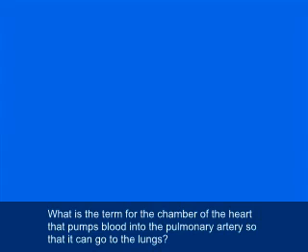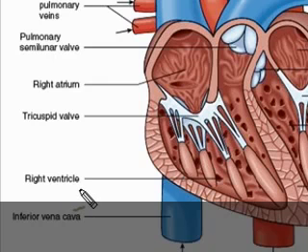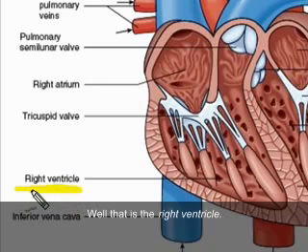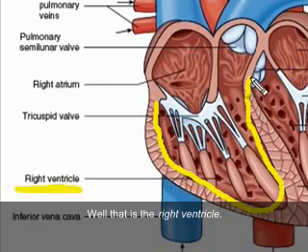What is the term for the chamber of the heart that pumps blood into the pulmonary artery so that it can go to the lungs? Well, that's the right ventricle.